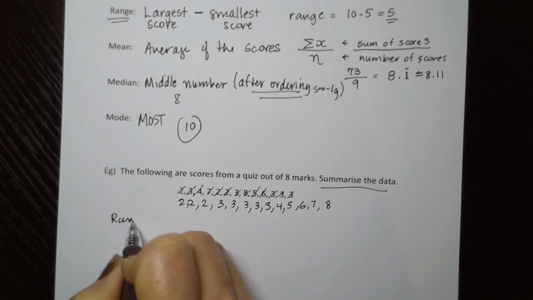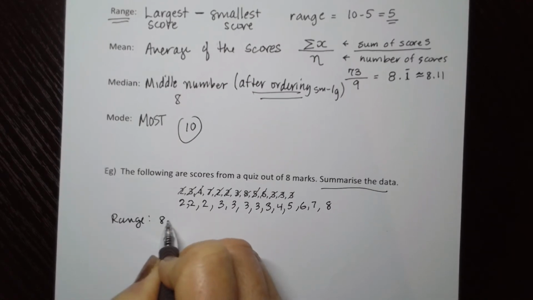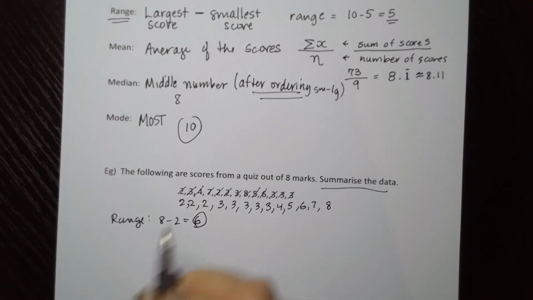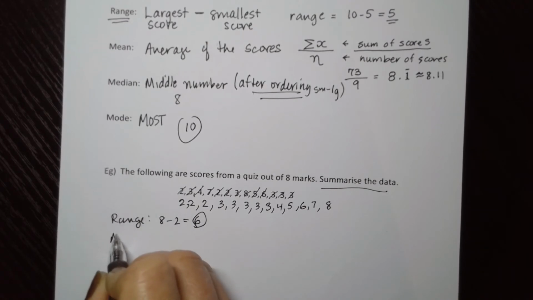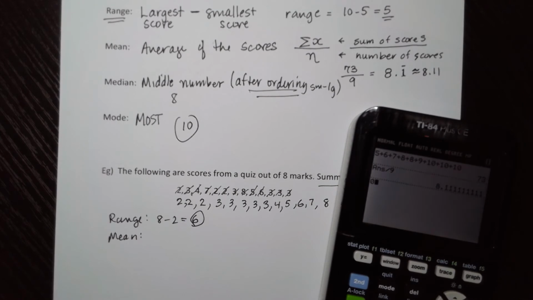Now I do the range. 8 minus 2 equals 6. Then I do the mean. I add them all up. So I'm not going to go 2 plus 2 plus 2, I'm going to go 2 times 3. I know that's 6. I have 5 3s, so I know that's 15. So I'm going to make it easy on myself.